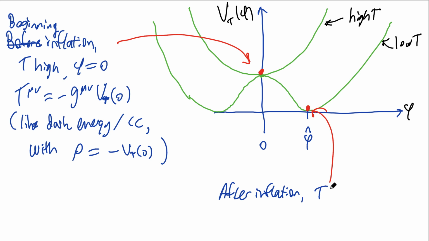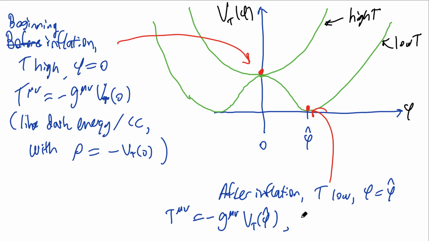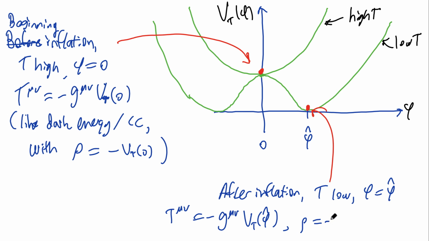We have low temperature, phi is equal to the constant value phi hat, and the stress energy momentum tensor is minus g mu nu times V sub T evaluated at phi hat. So in this case, the energy density is minus V sub T at phi hat, which could be very much smaller than the energy density before inflation. And it could be that this contribution to the energy density today is insignificant, or it could be that this is the dark energy that we see today.